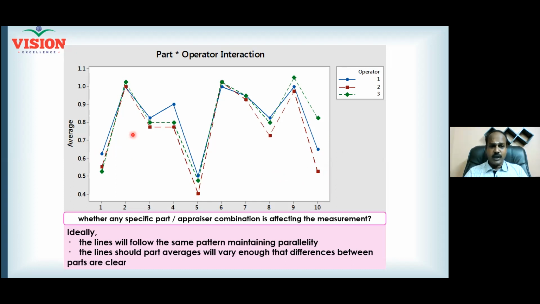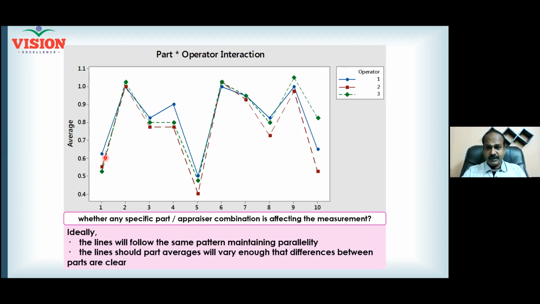So operator 1 is following this kind of pattern: going up from 1 to 2, coming down from 2 to 3, again going up, coming down. This pattern should be repeated by the other appraisers, the other operators also.